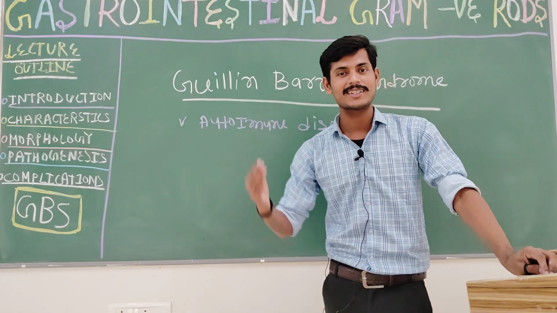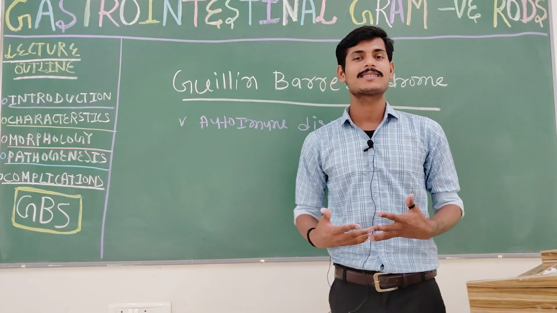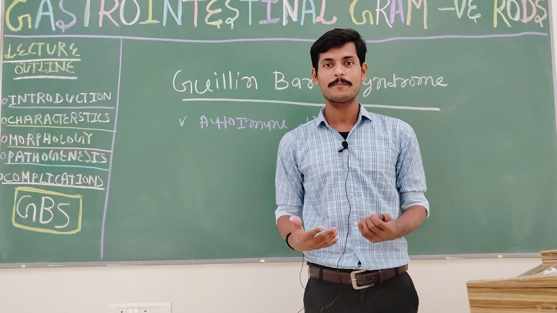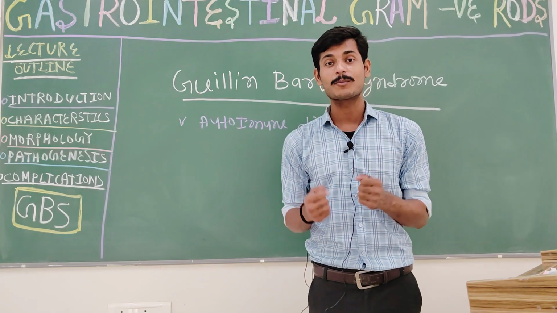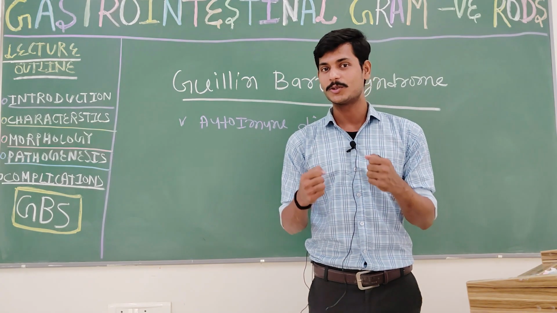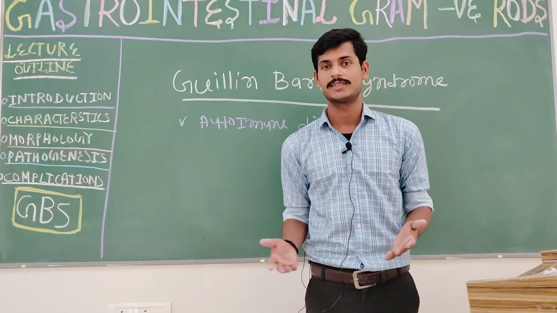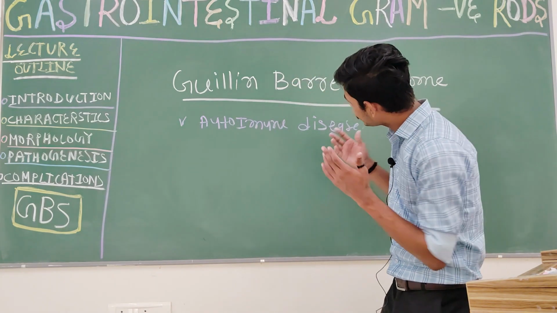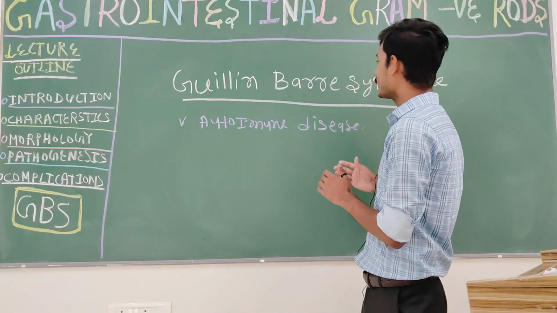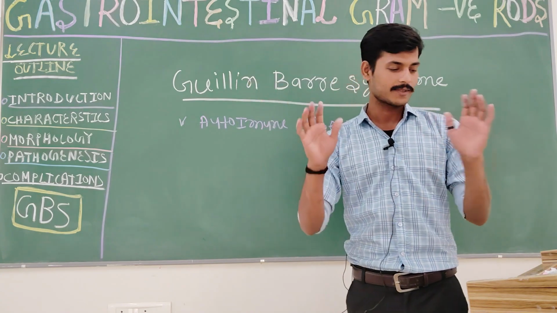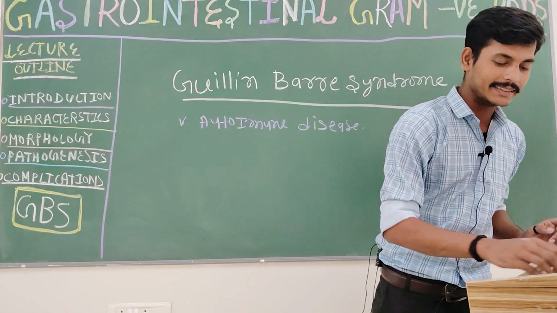Before establishing a relationship with another person, we have to establish a good relationship with ourselves first. If you are harmonious with yourself, then you can be harmonious with others. So first we discuss Guillain-Barré Syndrome, then we will establish a link between it and Campylobacter species. The first thing you should keep in mind is that it's an autoimmune disease.